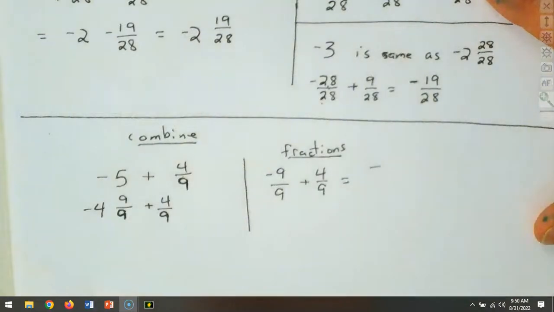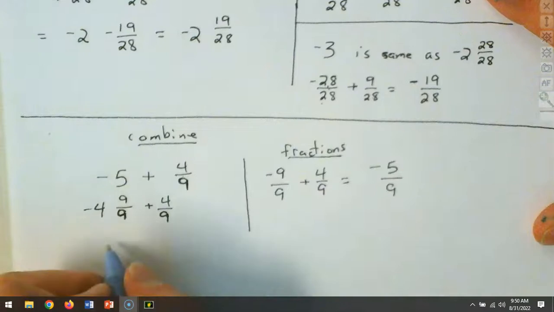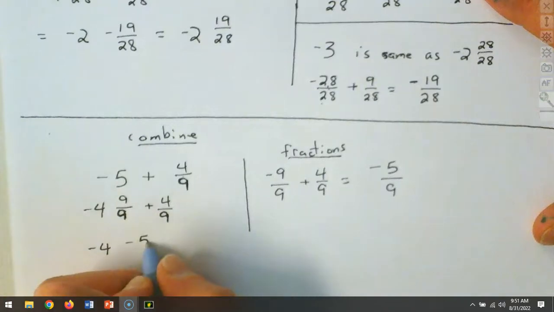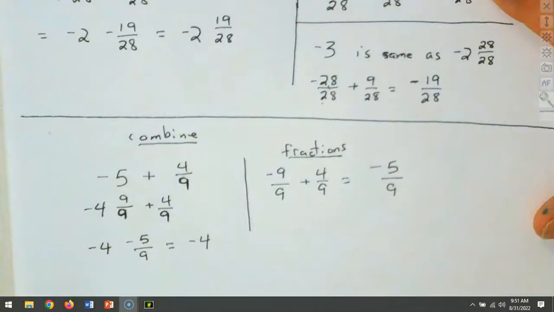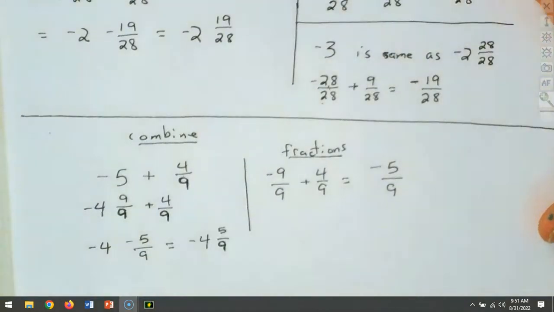And 9 minus 4, that makes it a 5/9. So now we have minus 4. That's my whole part. We put those together. And a minus 5/9. Those are now the same. So what's my answer as a mixed fraction going to be? Minus 4 and what? 5/9. When you put it all together.